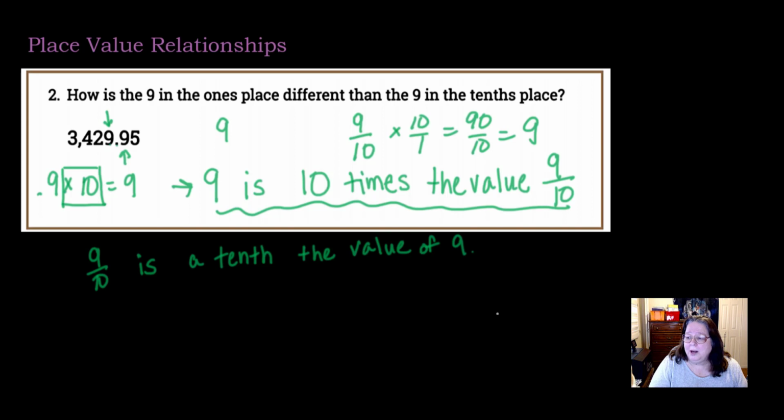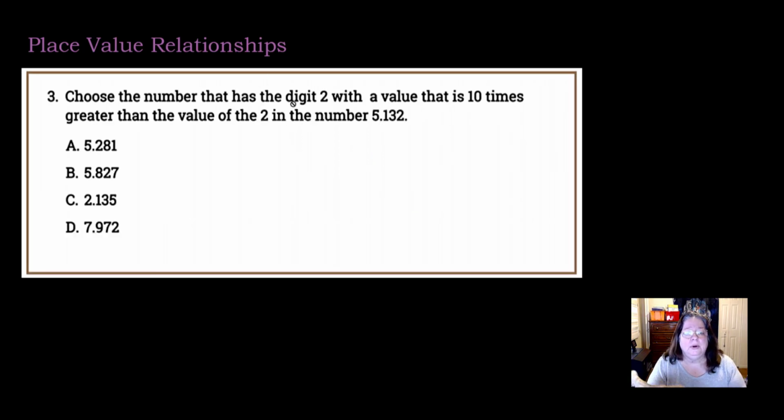Let's try one more. Choose the number that has the digit 2 with a value that is 10 times greater than the value of the 2 in the number 5 and 132 thousandths. Okay, that was a little wordy. Let's read that again.